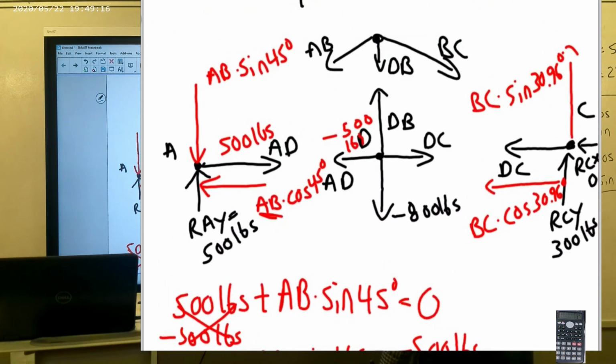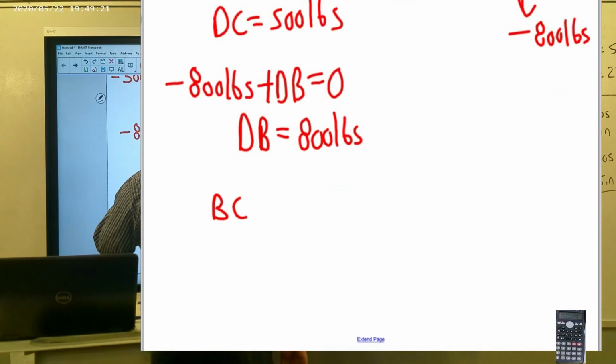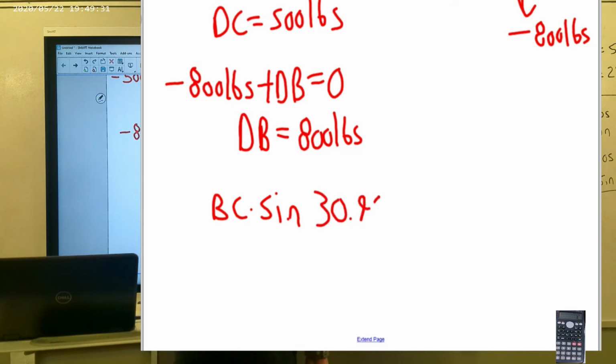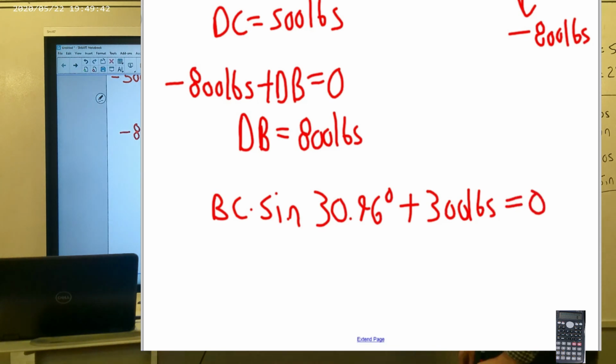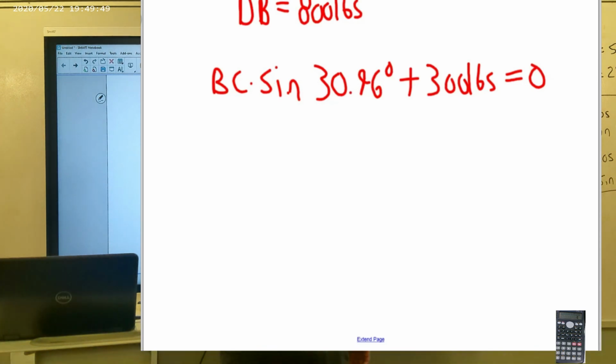So we have BC times the sine of 30.96 degrees plus 300 pounds, reaction force Cy, equals 0. And we can now use this to solve. We really have one unknown variable, which is BC. First thing that we're going to do is subtract 300 pounds from both sides. That seems like the easiest thing to do.